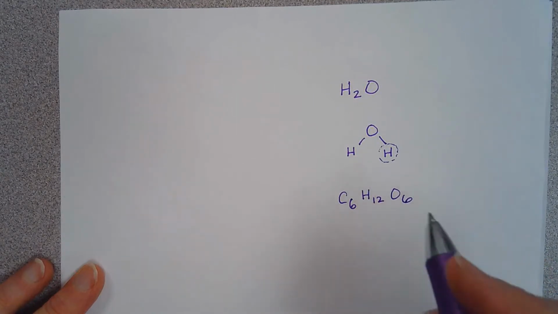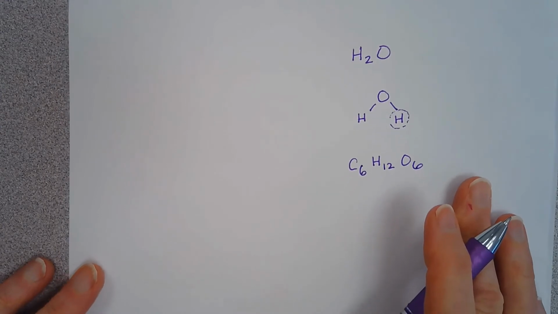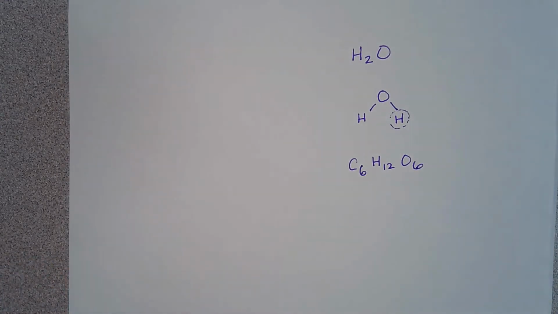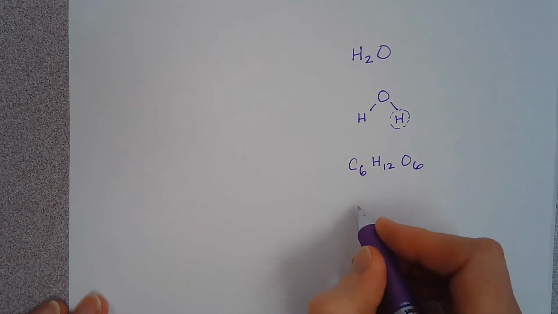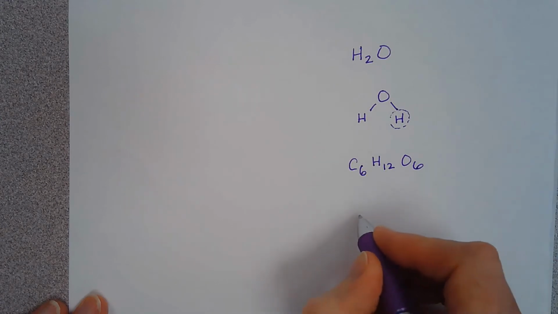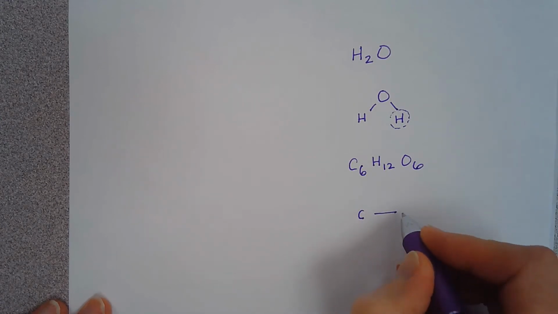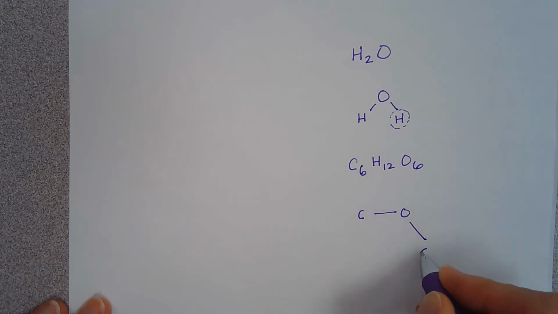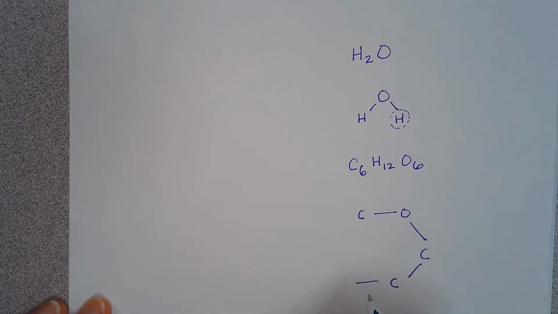Now, glucose is a different shape because different molecules have different shapes, and our structural formulas usually give you some sense of that shape. So glucose actually is a ring shape. It has a ring that has 6 pieces to it. 5 of those are carbons, and then there's 1 oxygen.